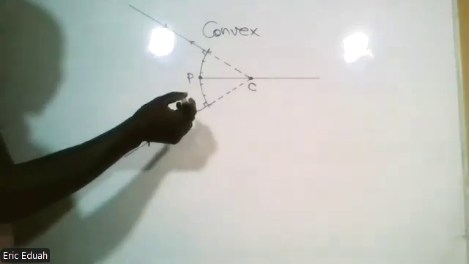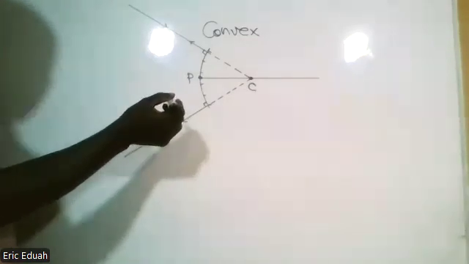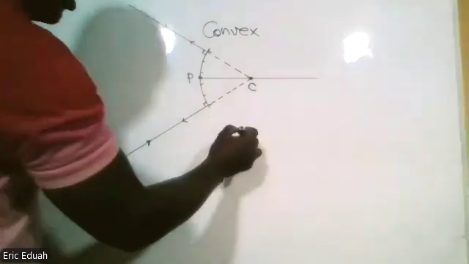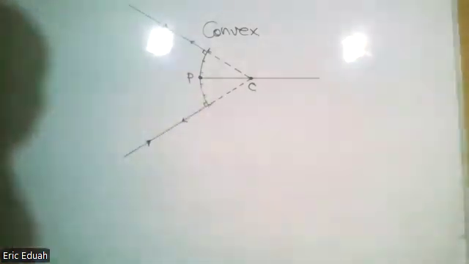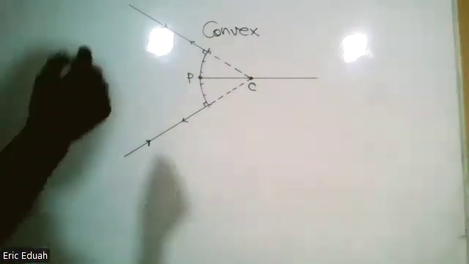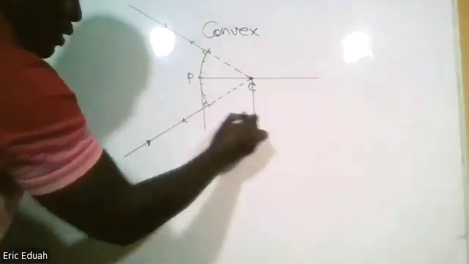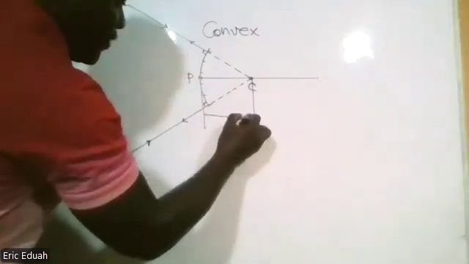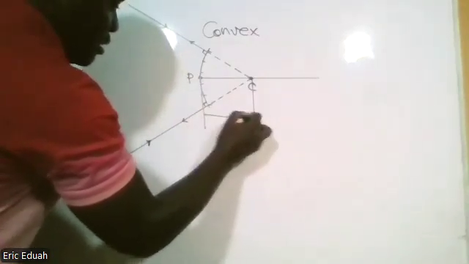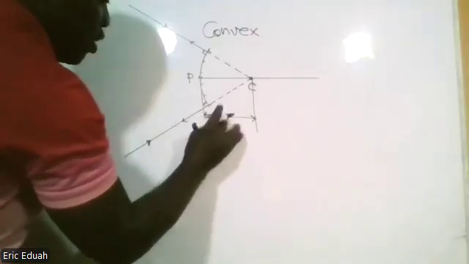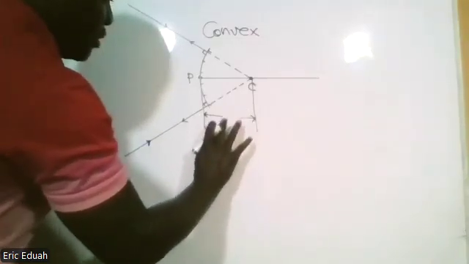Okay, so it's also a virtual point. So C, this is the explanation for the center of curvature of a convex mirror, meaning that the radius of curvature, which is this distance, is also virtual because they all appear behind the mirror.